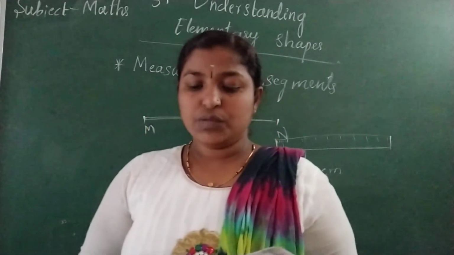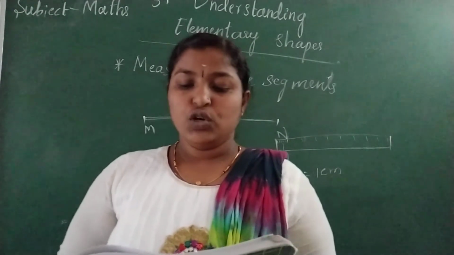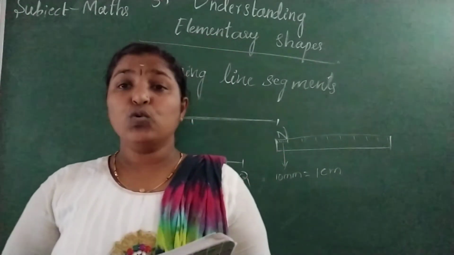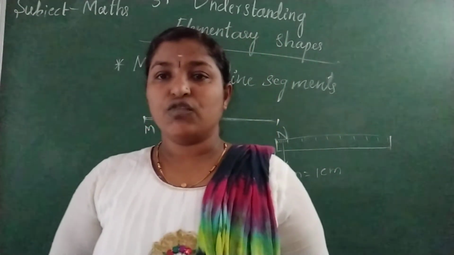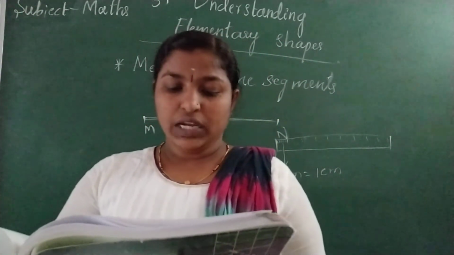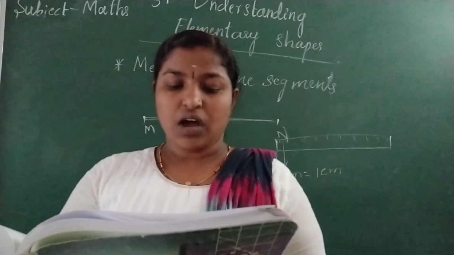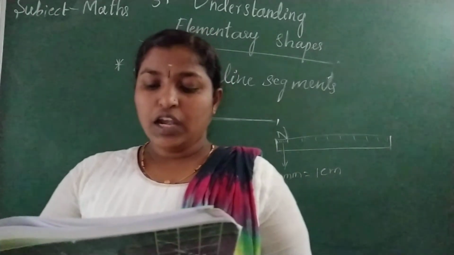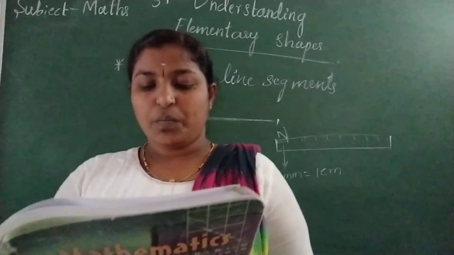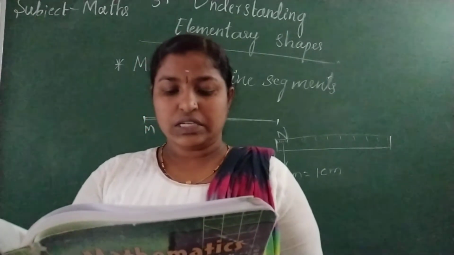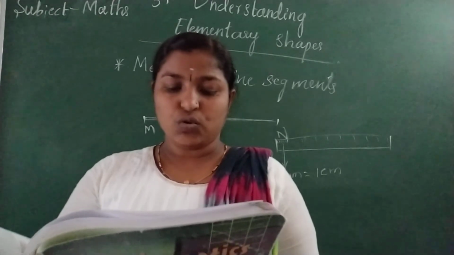Can we avoid this problem? Is there a better way? Let us use the divider to measure lengths. So how to use the divider to measure the length? Of course, I told you now. Open the divider, place the end point of one of its arms at A and the end point of the second arm at B. Taking care that the opening of the divider is not disturbed, lift the divider and place it on the ruler.